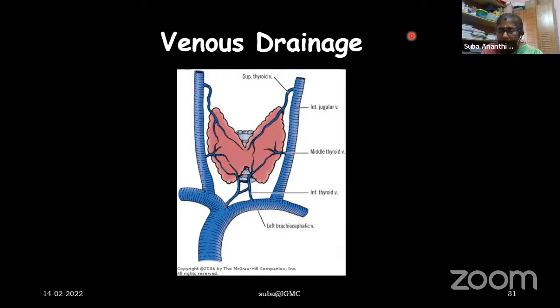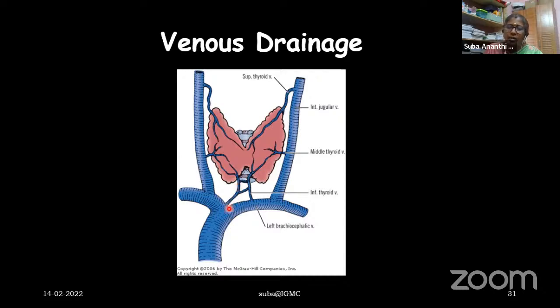We don't have any middle thyroid artery, but we do have a middle thyroid vein. The middle thyroid vein emerges along the lateral surface of the thyroid gland, and it drains into the internal jugular vein. We have the inferior thyroid vein, which we have already seen. This inferior thyroid vein is related to the lower border of the isthmus of the thyroid gland. From here, it can arise as 2 trunks.